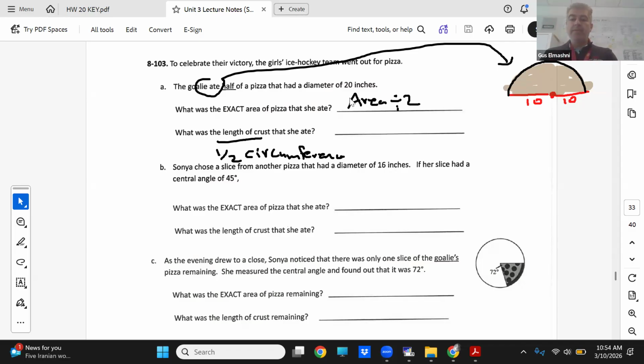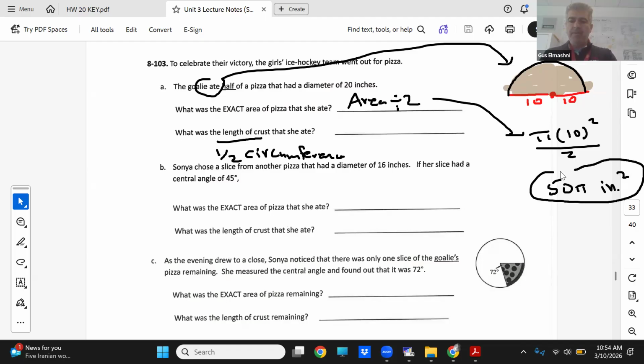So the area is going to be pi times 10 squared divided by 2, which will be 50 pi. Since that's exact, it'll be 50 pi square inches.